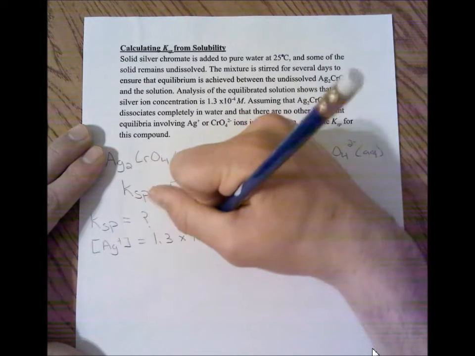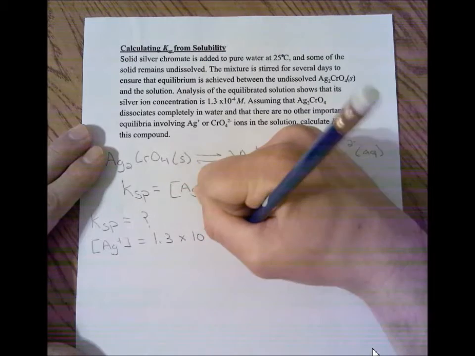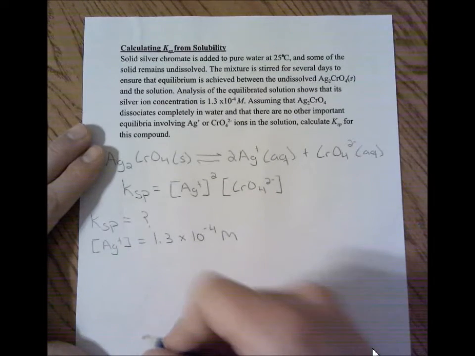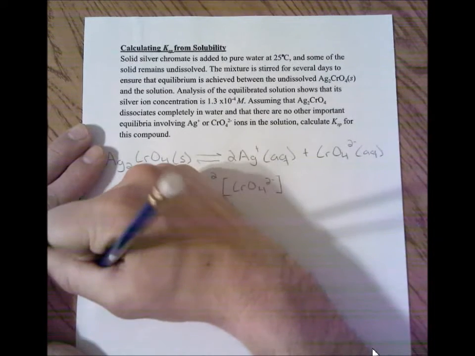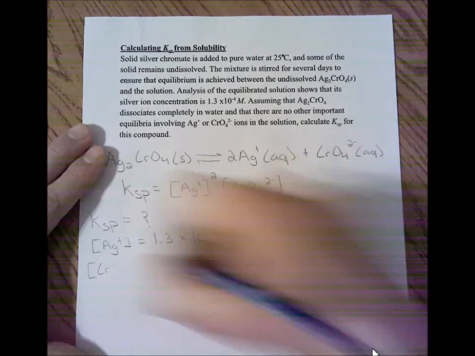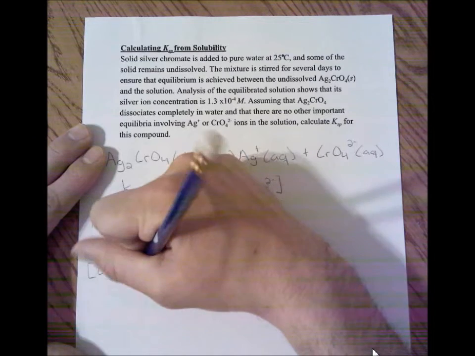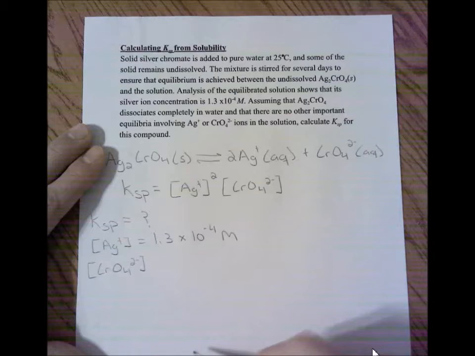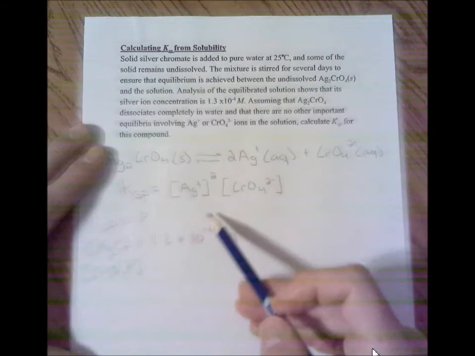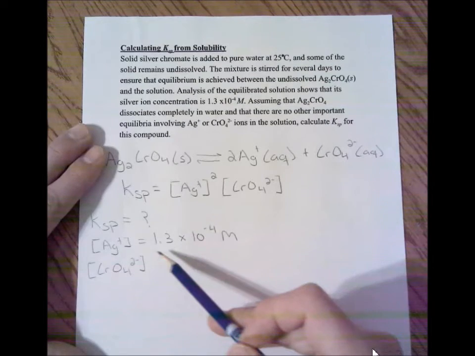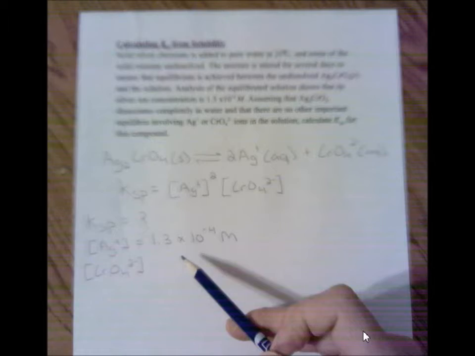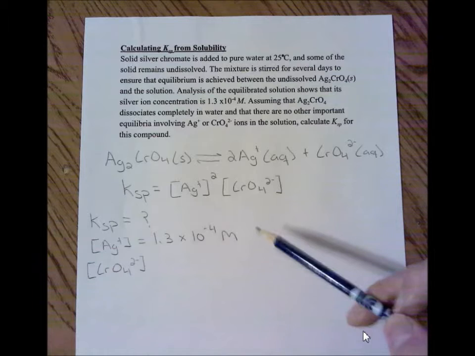Now, the chromate ions are not explicitly given. It's not outright stated here, but what we can do is a little stoichiometry. So what I'm going to do is start out with the same value that I had for Ag+, except instead of molarity, big M, I'm going to start in moles per liter.